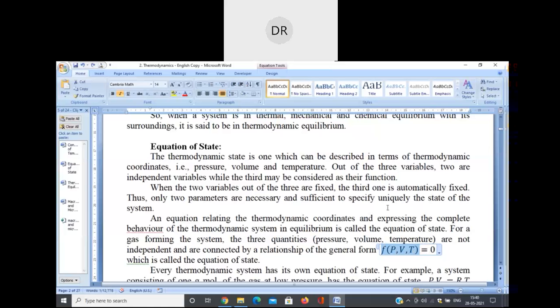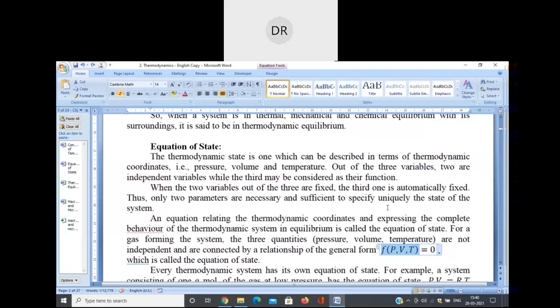Of these three variables, two are independent and one is dependent. The two independent variables change freely, and the third depends on them. So when we know two parameters, we can determine the state of a system.